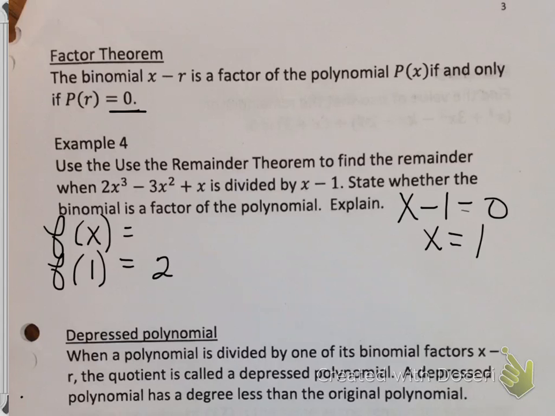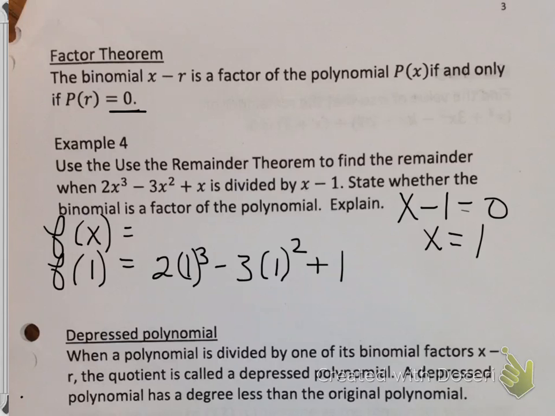So I have 2 times 1 cubed minus 3 times 1 squared plus 1. And so we're going to evaluate this for 1.